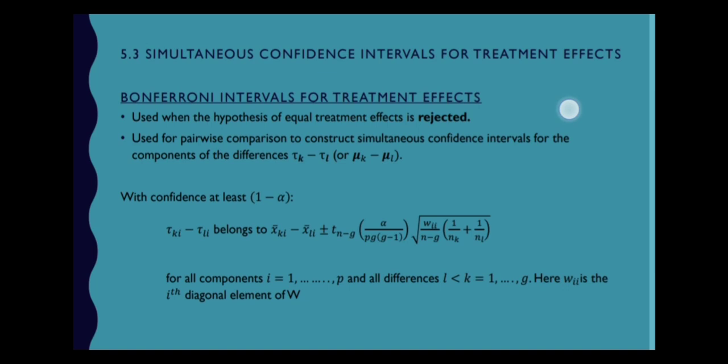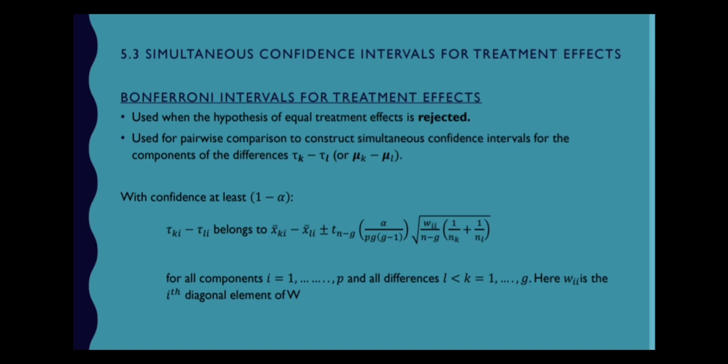Using the Manova table, using the Manova method. The Manova method is used to compare the population mean vector, so we can know whether there is a significant difference or not between all the variables among G population.